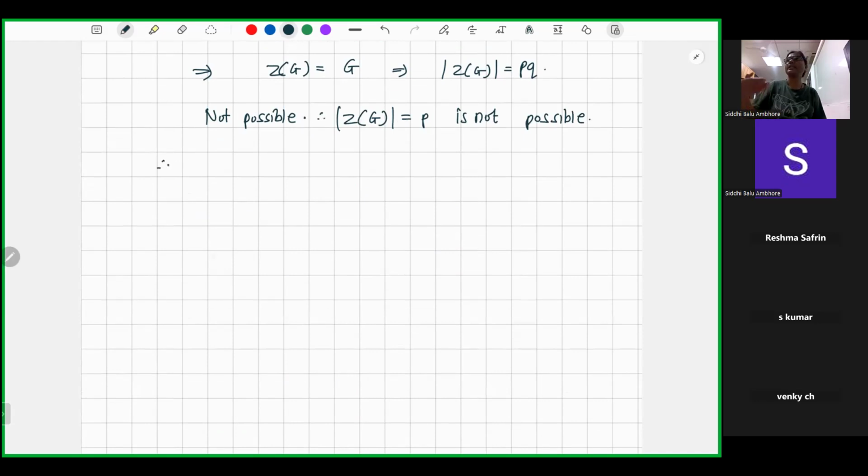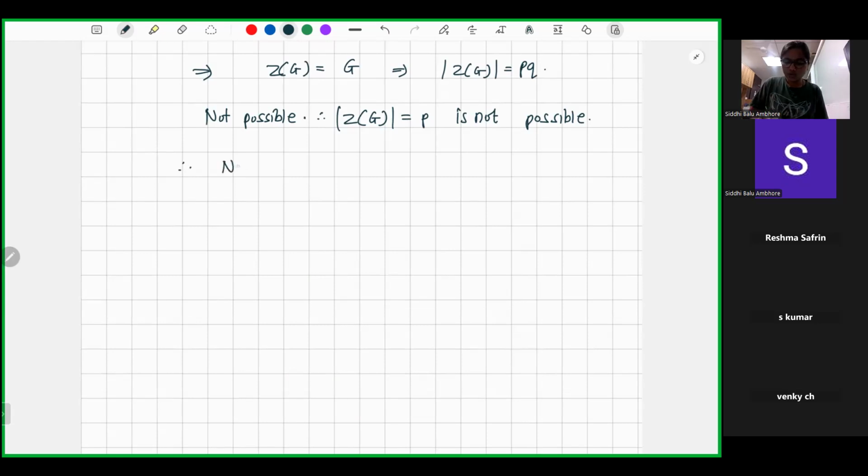Therefore, similarly with Q, which is also prime: when I take the quotient, G mod ZG will be of size P. Again P is prime, so we end up with a cyclic quotient, which gives me that G is abelian, and the size of G equals the size of the center of G, which is PQ. So this again creates a problem.